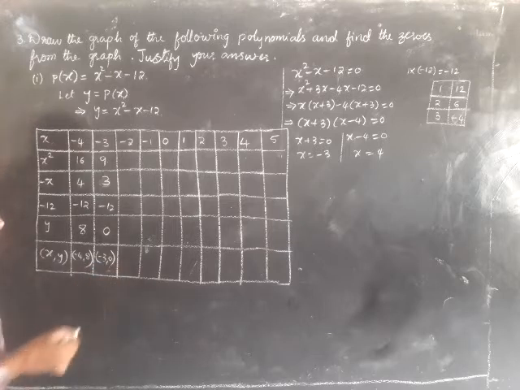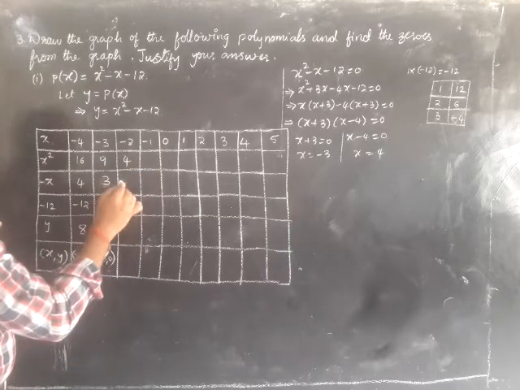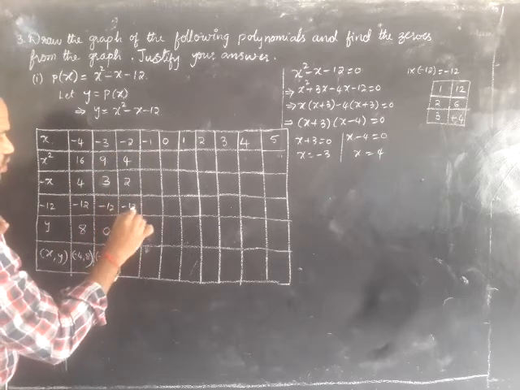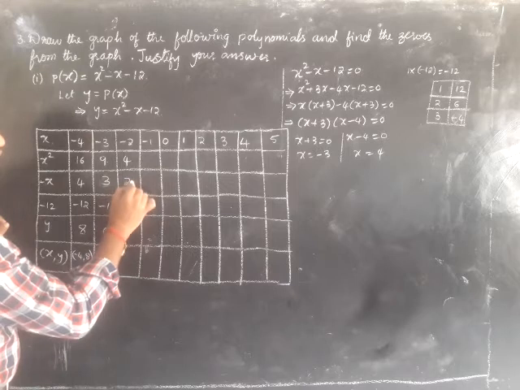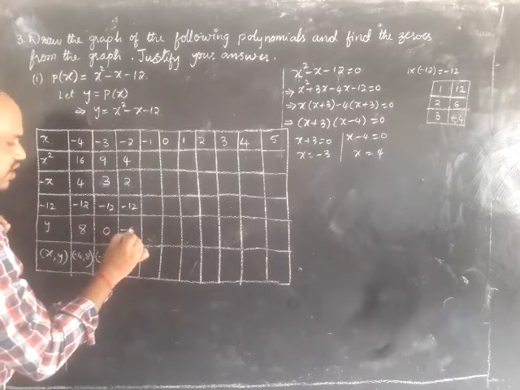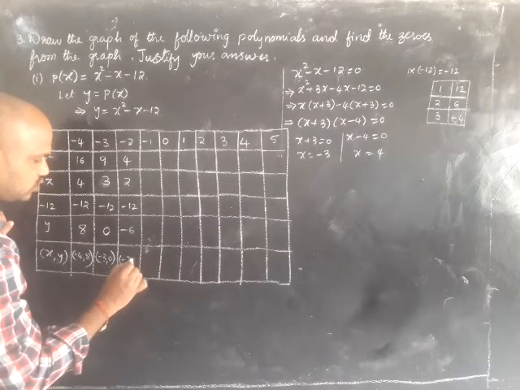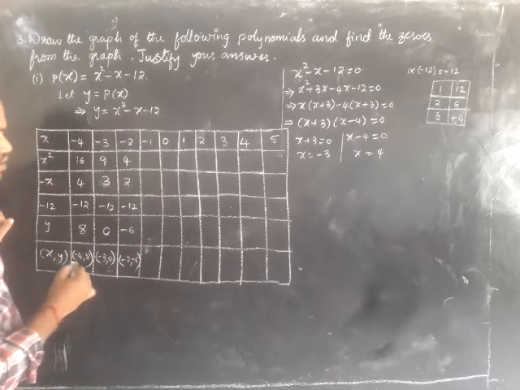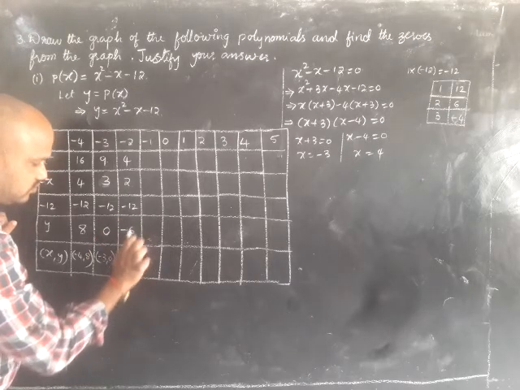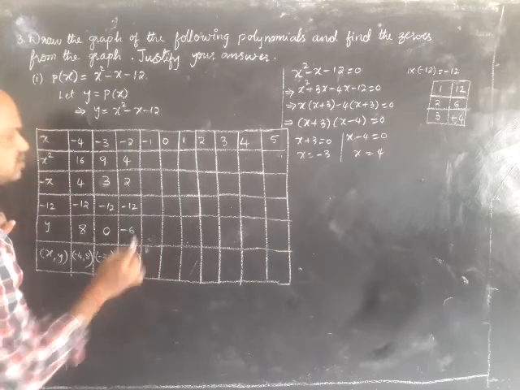Next, minus 2. Minus 2 square is 4. Minus into minus is plus, we get plus 2. Minus 12. So 4 plus 2 is 6, 6 minus 12 is minus 6. The point is minus 2 comma minus 6.